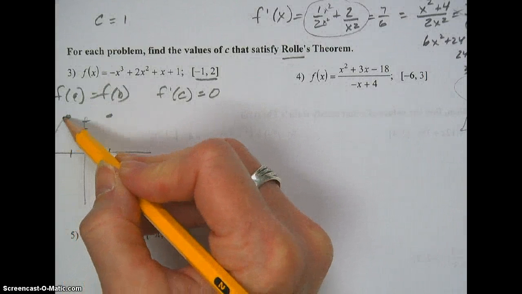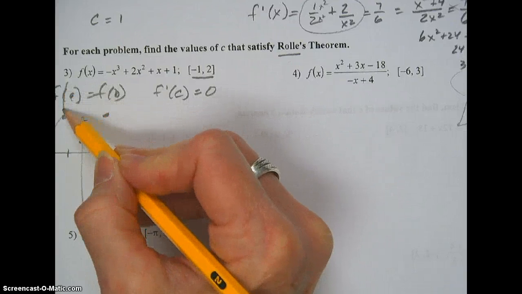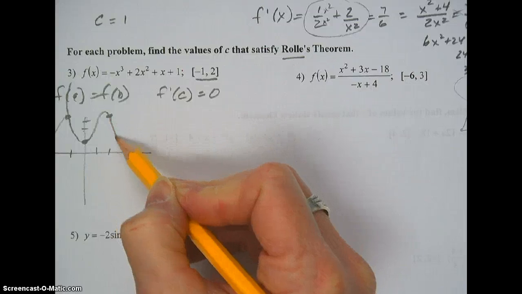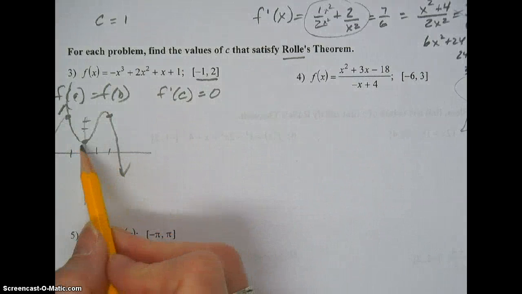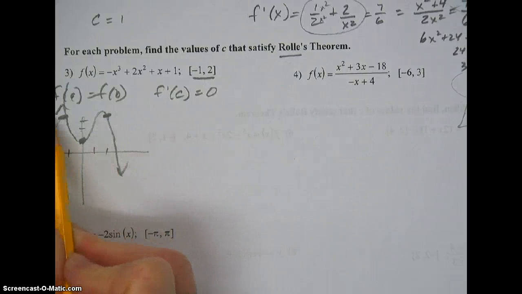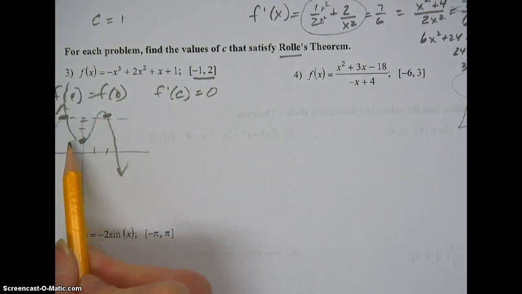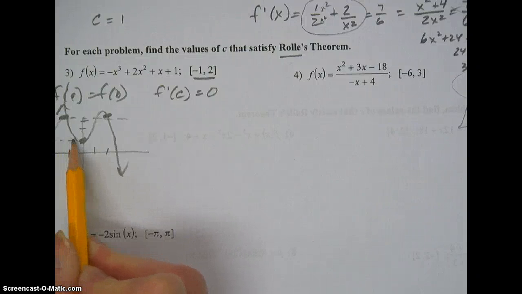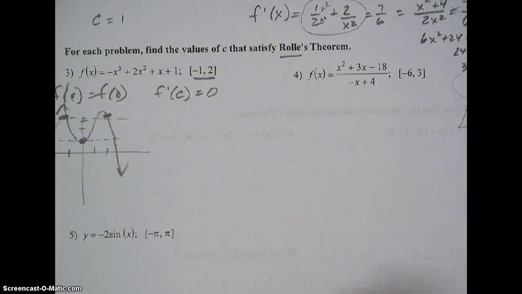And our graph kind of looks like this. If we see that these function values are the same, then there's somewhere where the derivative will equal 0. Okay, so let's go find that.